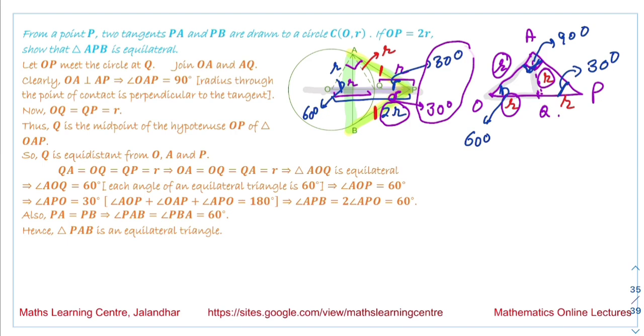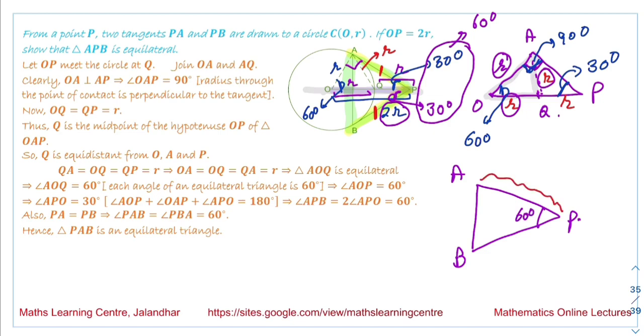So the total angle over here will measure 60 degrees. Now look at triangle ABP. We are saying this angle is 60 degrees.